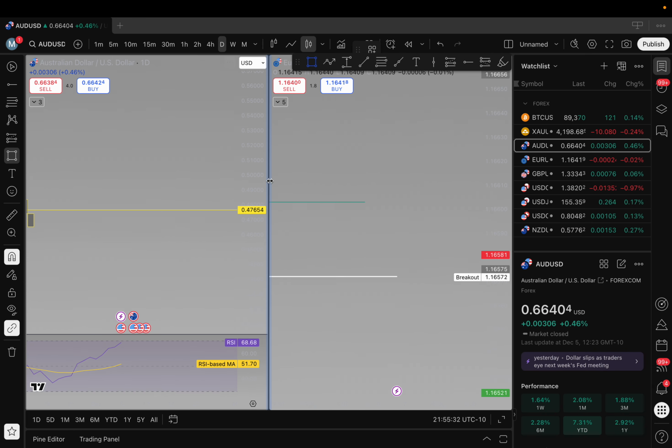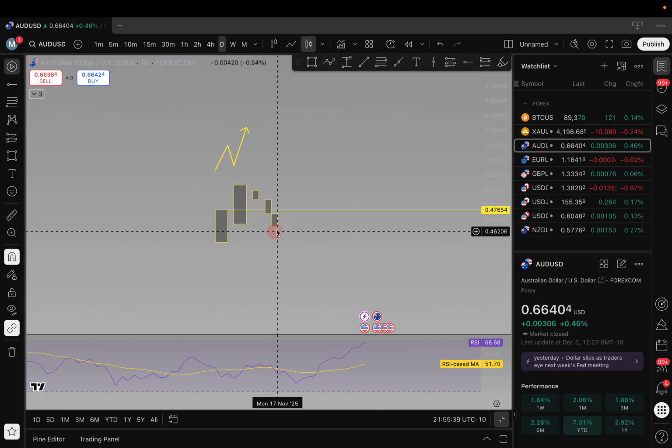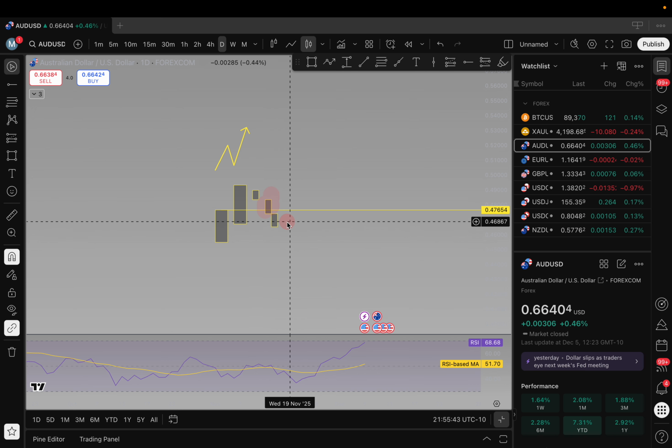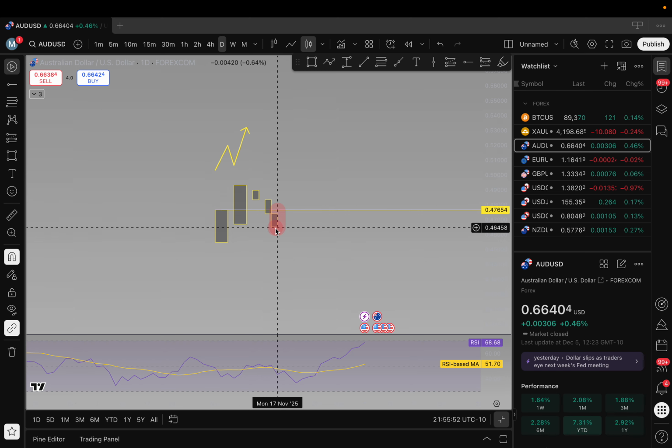Okay, this is your new theory candle. Then once another candle breaks past the wick, this becomes your new theory candle.